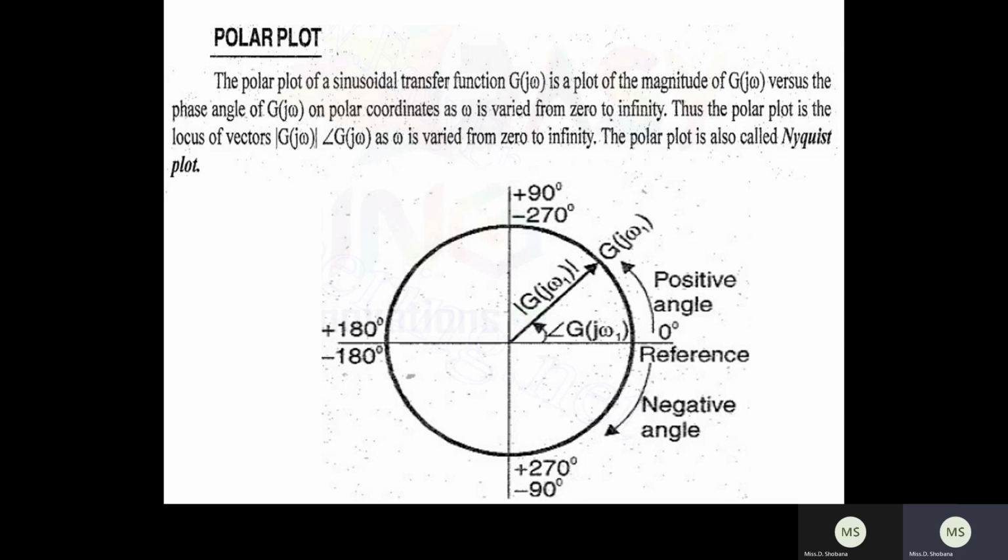Here the phase angle will vary from 0, minus 90, minus 180, minus 270. So that will be the negative, clockwise direction. Anti-clockwise gives plus angles: plus 90, plus 180, plus 270, like that it will come. The radius will be the magnitude, and you will have radial lines, the phase angle lines. So this is about the polar plot.